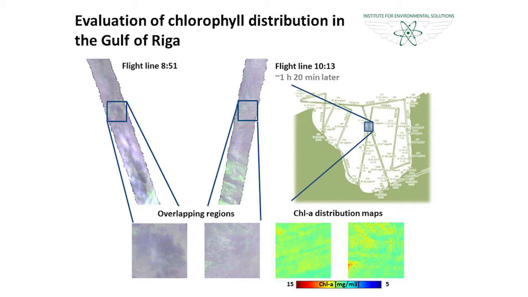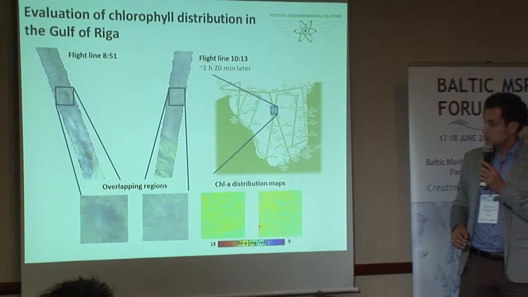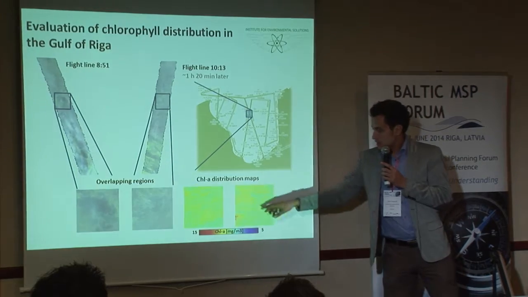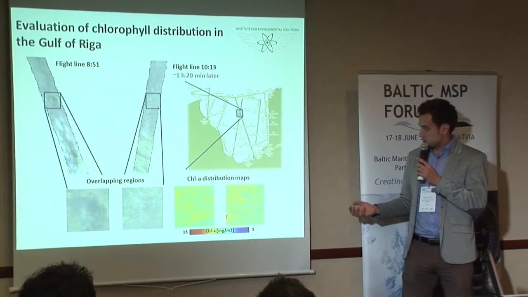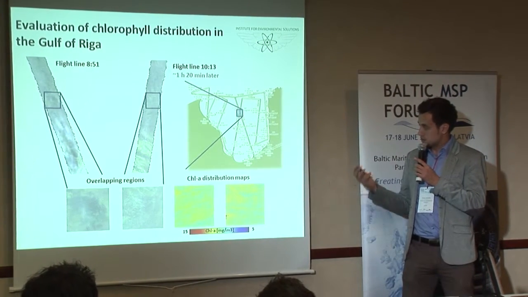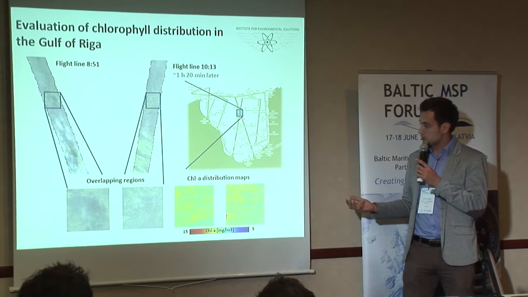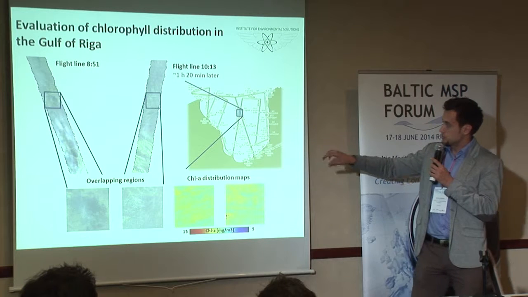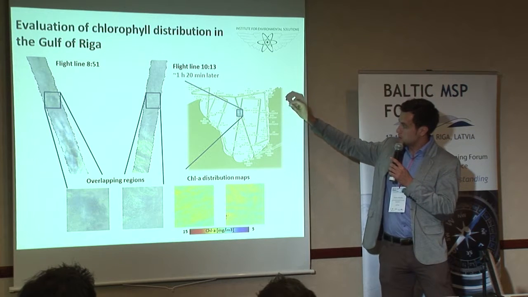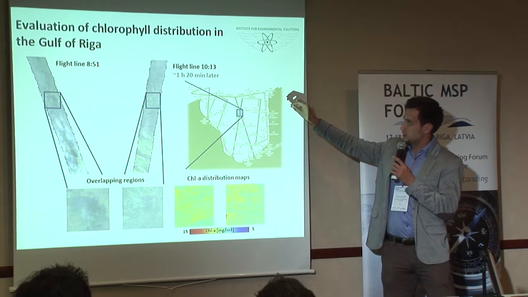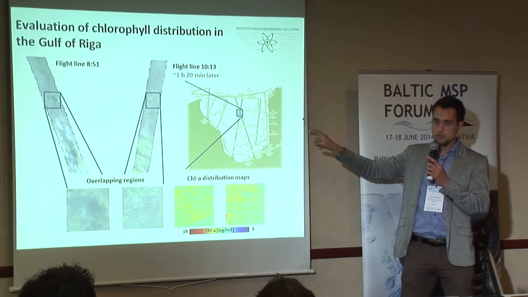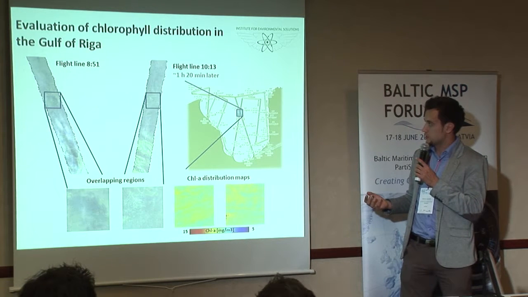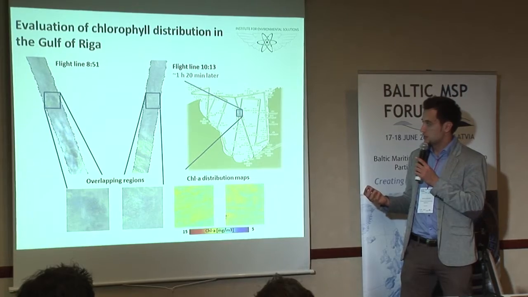But when we look at a line which has approximately an hour delay, we can see that this distribution map is totally different. In this particular case, measuring all these points within this Gulf takes several days for field measurement. For us to fly, it took several hours.